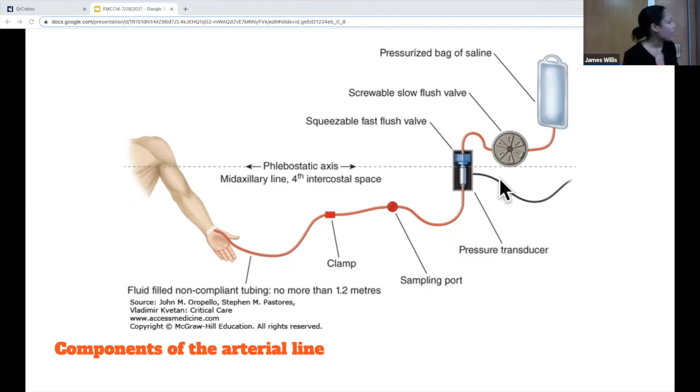Again, we have a solid column of fluid from the pressure bag through the pressure transducer to the artery, so that all these pulsations are causing waves to go through the fluid to the pressure transducer.